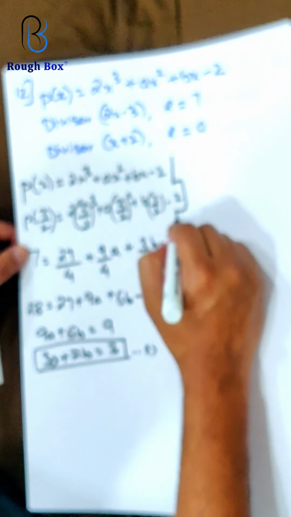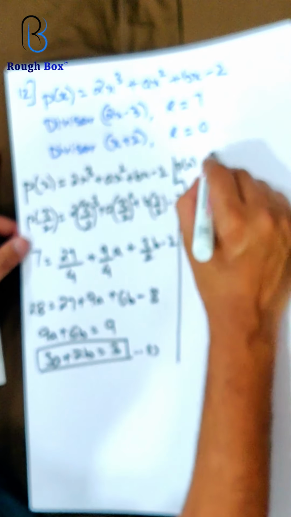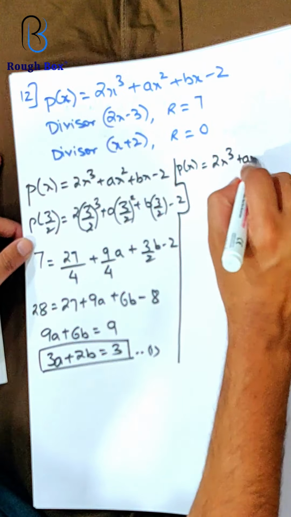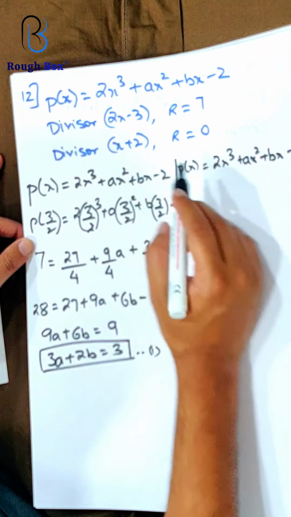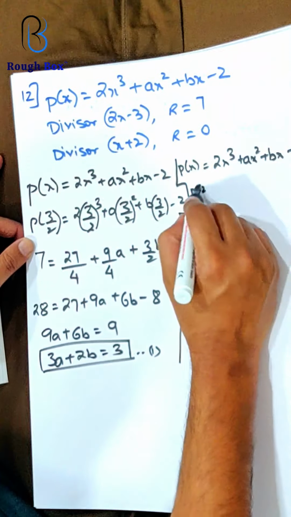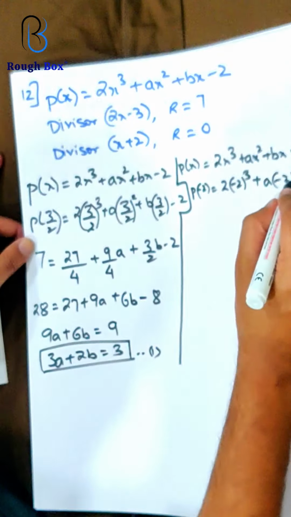Let's try for the second equation now. Same method we are trying for the second one. So P of x is 2x cube plus ax square plus bx minus 2. I am substituting x as minus 2. So what will I get? 2 times (minus 2) cube, plus a times (minus 2) square, plus b into minus 2, minus 2.